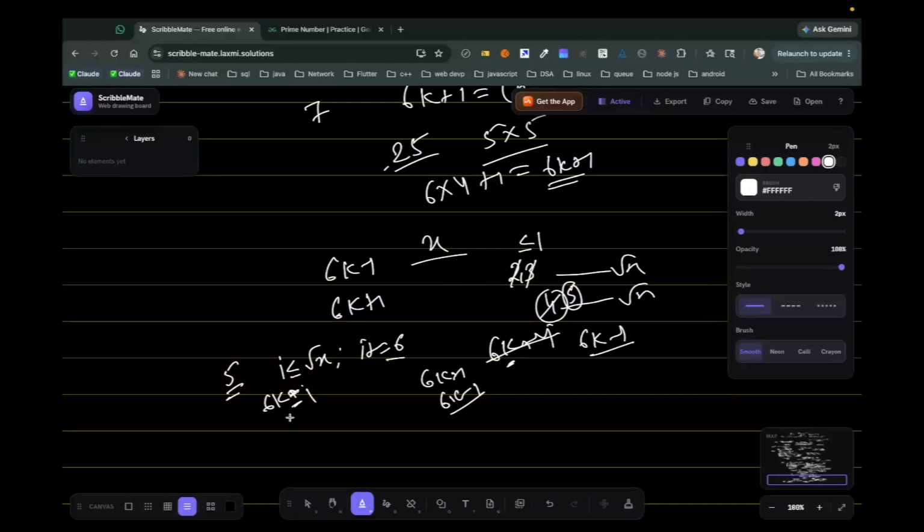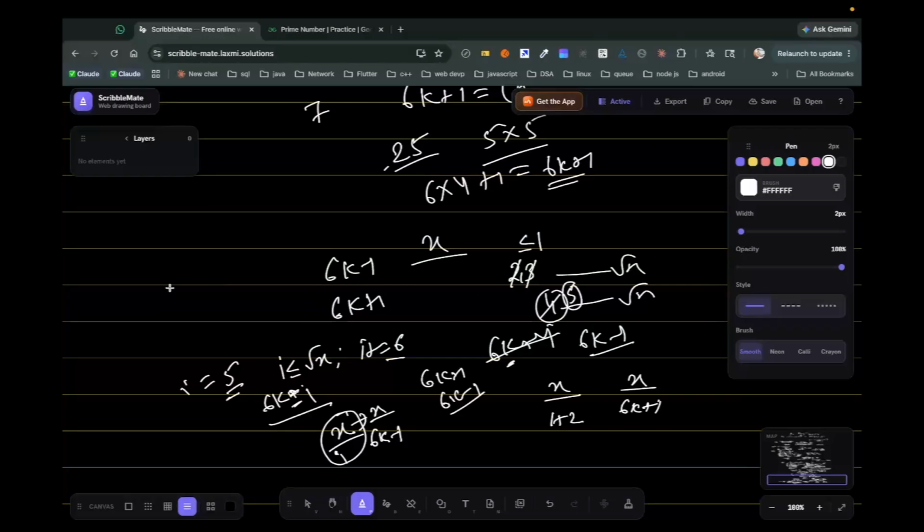So we will divide x by I, which means dividing x by 6k minus 1, and we will divide x by I plus 2, by that we will be dividing x by 6k plus 1.